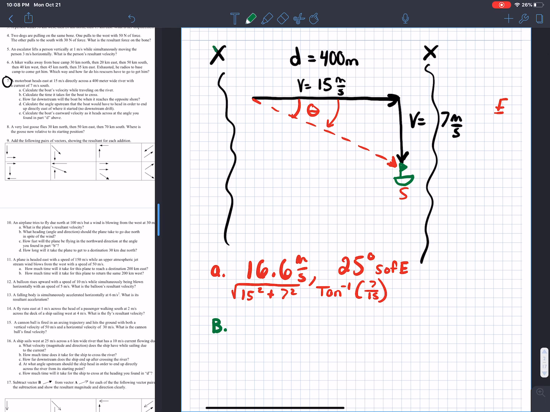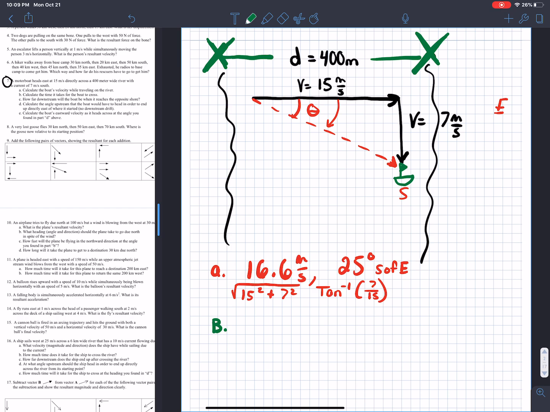We said a little bit ago that this is one side of the river here, and you have the other side of the river here. So that means that the distance in between those 2 points is 400 meters. All right. And we're trying to figure out how long it is going to take to get across the river.